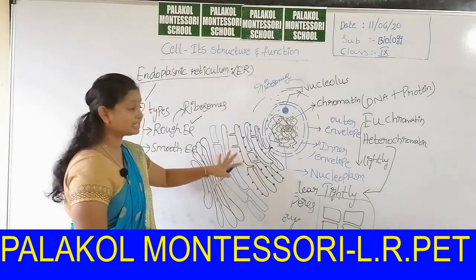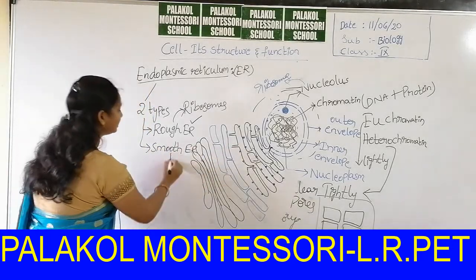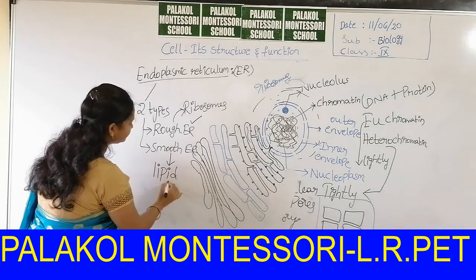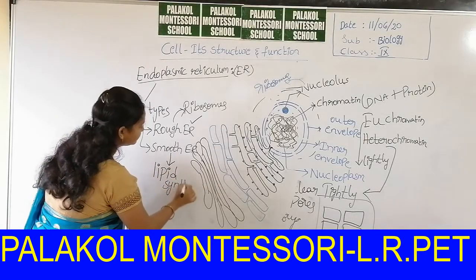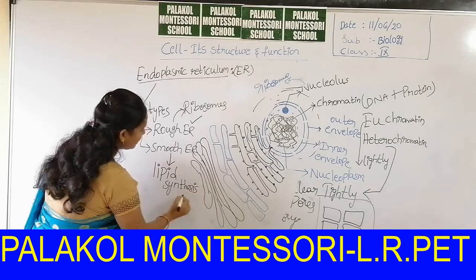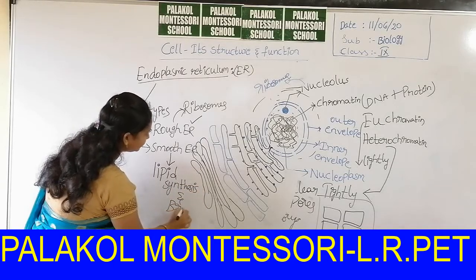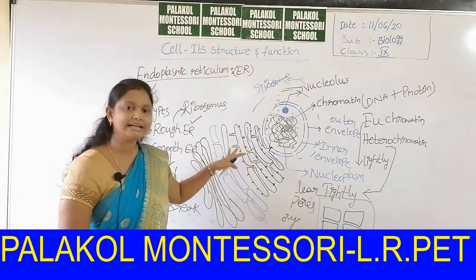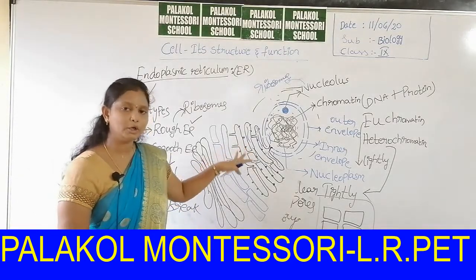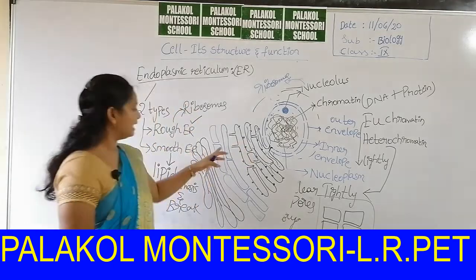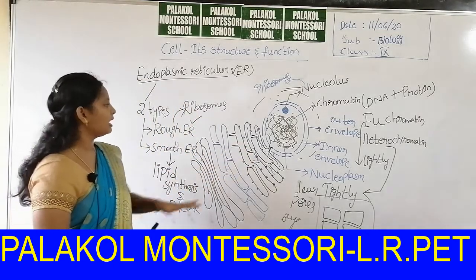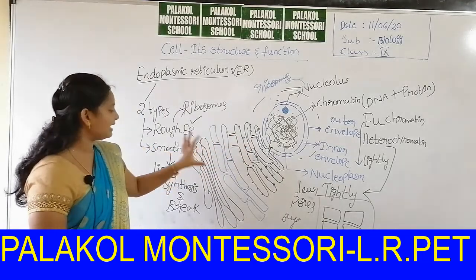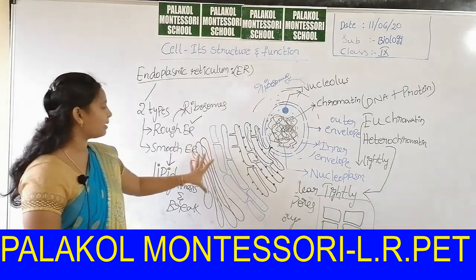What is the function of smooth endoplasmic reticulum? Here there is lipid synthesis and breakdown also. That means metabolism of the lipids will occur inside the smooth endoplasmic reticulum. Now, these synthesized proteins will come and enter into the Golgi complex.